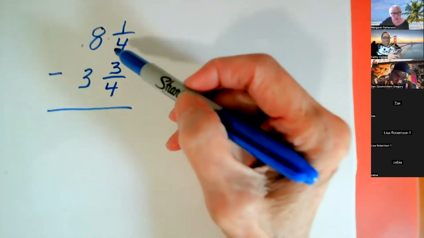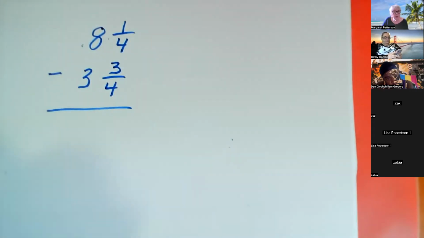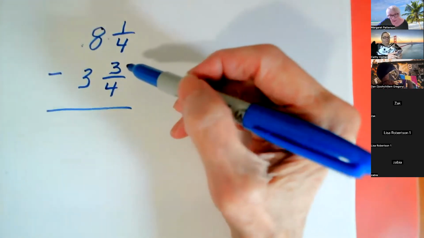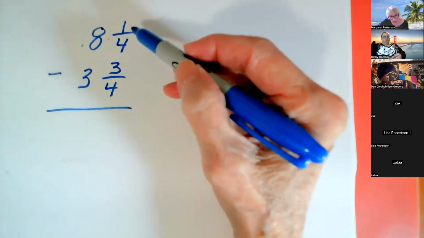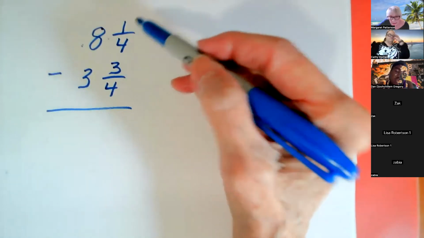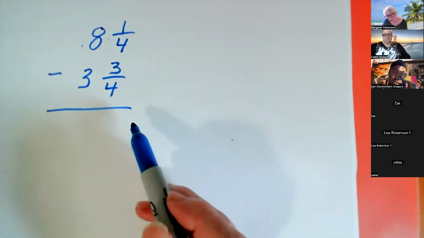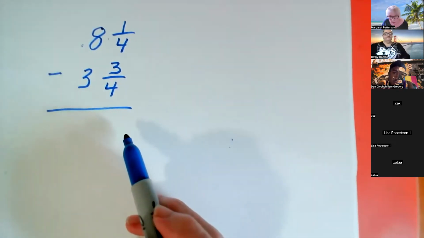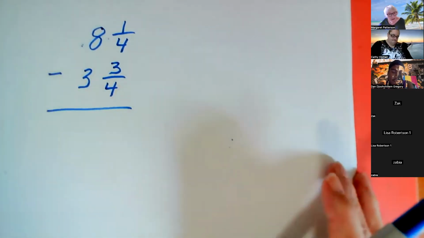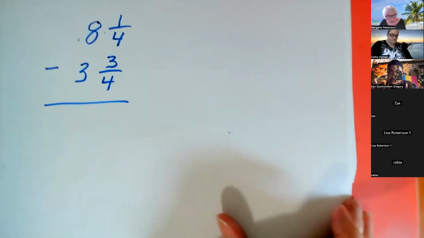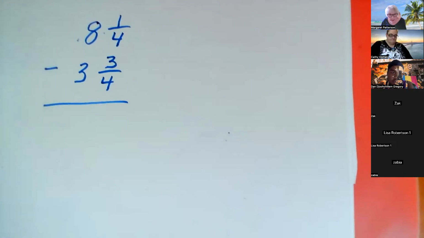And when I go to, I had a common denominator, that's good. But I had another problem. I'm taking 3 and I want to take it from 1. Oh, it's a borrow problem.